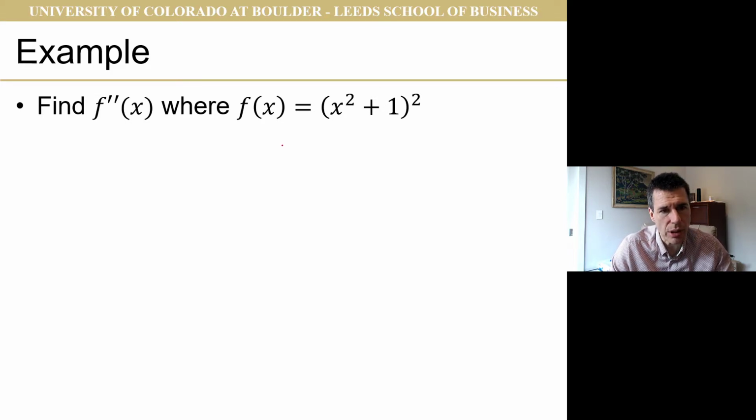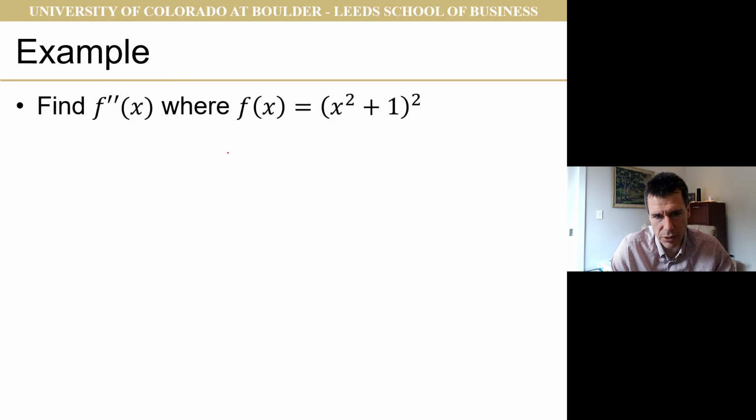Now, usually, and again, I've said this many times in this class, I don't want you to simplify things. Simplifying gives us another opportunity to make mistakes, and so often it's easier or better not to simplify if you don't need to. When you're taking a second derivative, often you're going to want to simplify.